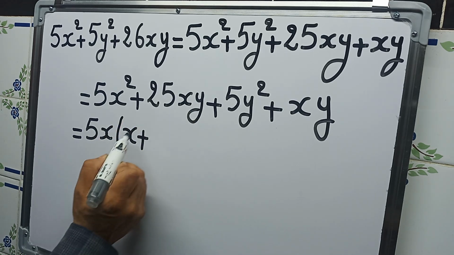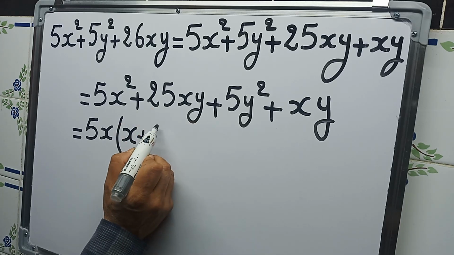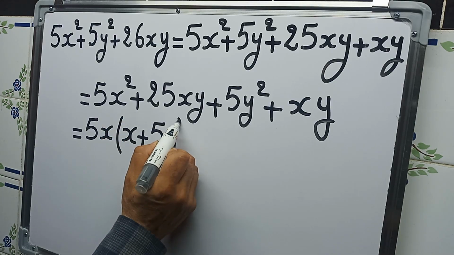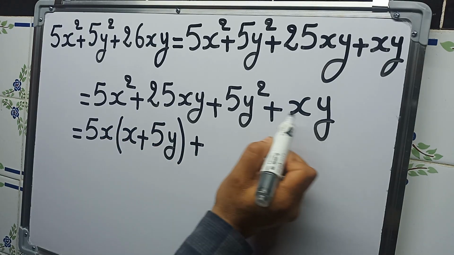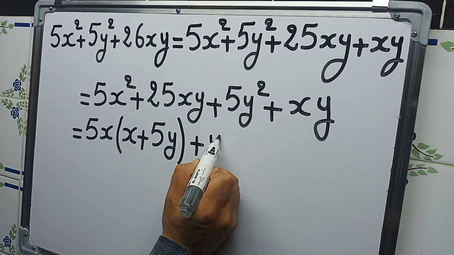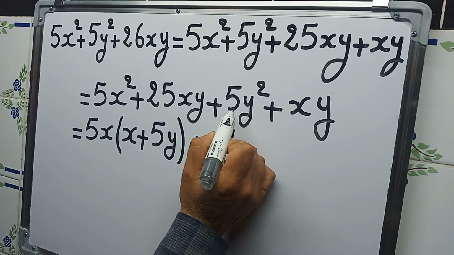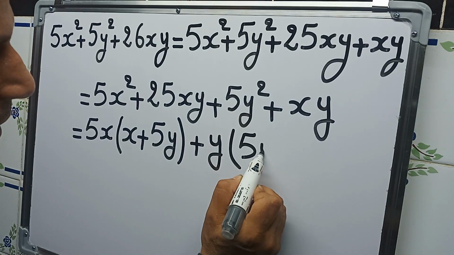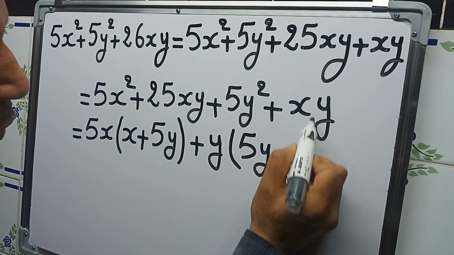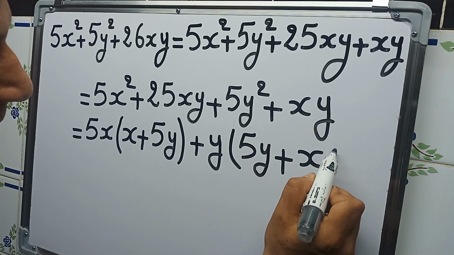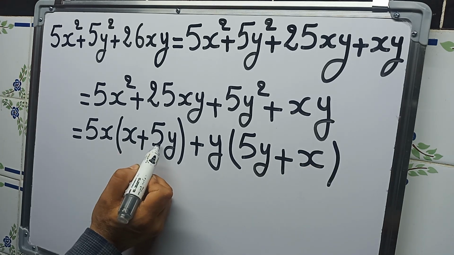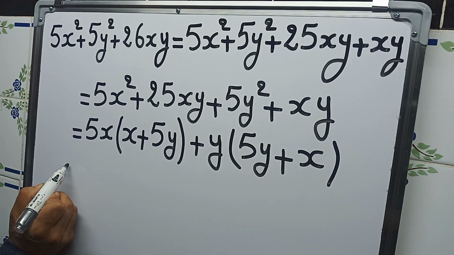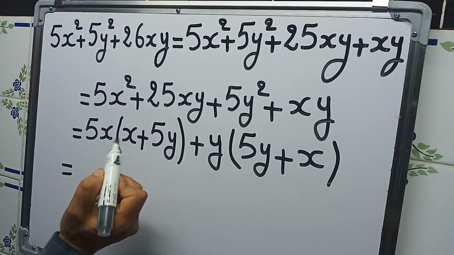So 5x is the common factor. Here we have 5y remaining. So 5y. Because 25 is 5 times 5, plus, and here you see we have y as a common factor, so y times, here 5 times y, we have 5y remaining, so 5y, of course, plus, factoring with y, here we have x, and here you see x plus 5y, x plus 5y, it's the same number, so here we have a common factor, which is x plus 5y.